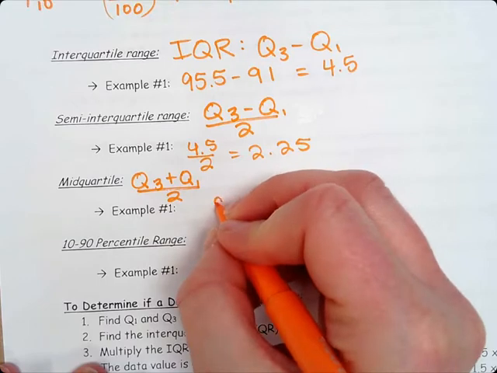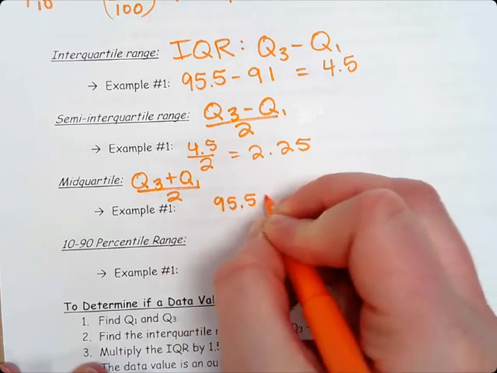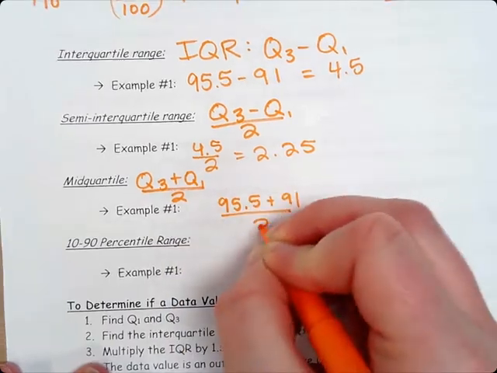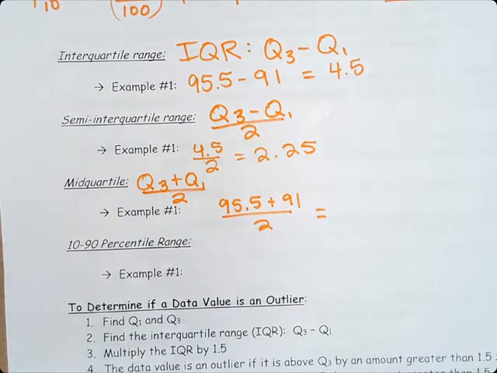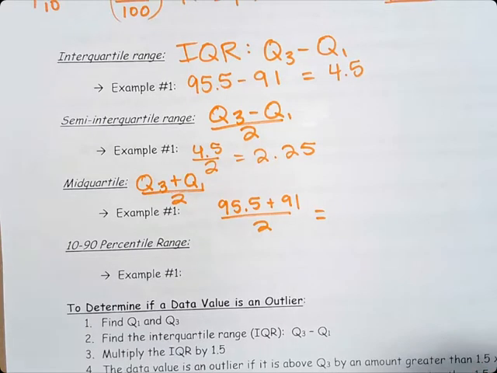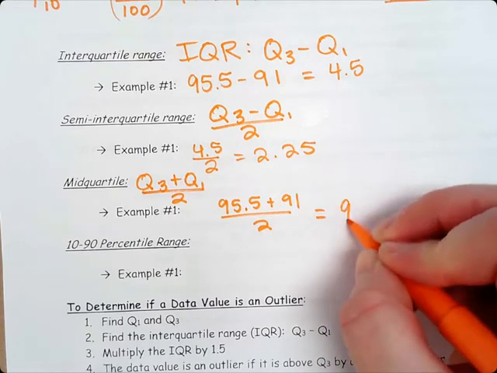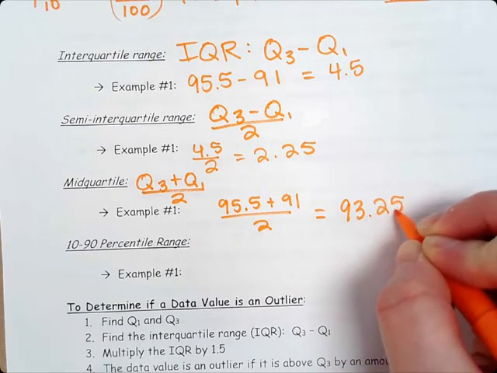So we would do 95.5 plus 91 divided by 2. Add those together, divide by 2. It's basically finding the mean of those two. Halfway between them, 93 and a quarter.